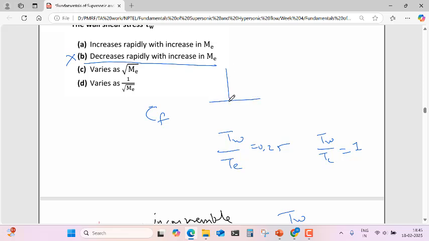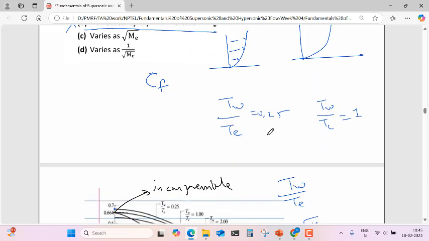If we see the boundary layer velocity profile for both, one thing to note is that if the wall is more cold, then the temperature will be lower.